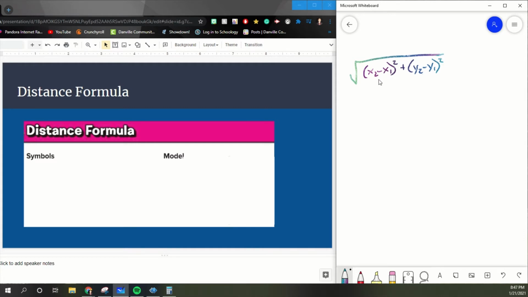So how you solve this formula is first you subtract x2 and x1, then you square it. Then you subtract y2 and y1, square it, add those together, and then take the square root. Those steps might seem familiar, and that's because these are the exact same things we're doing when we use the Pythagorean theorem. You actually get the distance formula from the Pythagorean theorem.